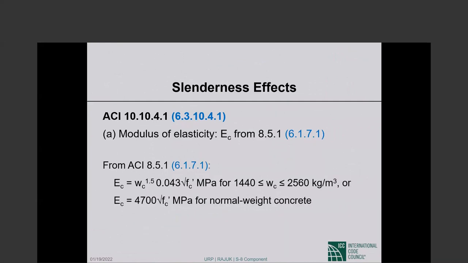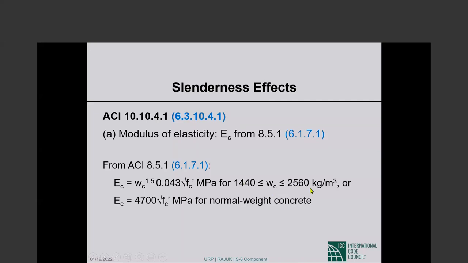Okay, stiffness is EI. The E part is modulus of elasticity of concrete as given in 8.5.1 of ACI 318. So this is the expression. It includes the unit weight of the concrete. In your units, it's 2,400 kilograms per meter cubed. Here it says between 1440 and 2560.